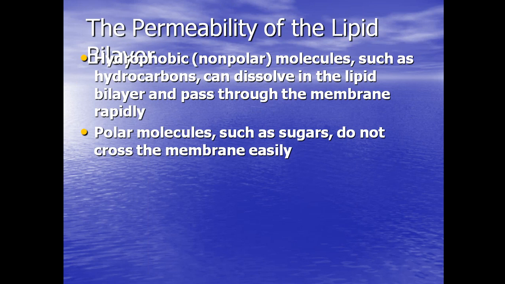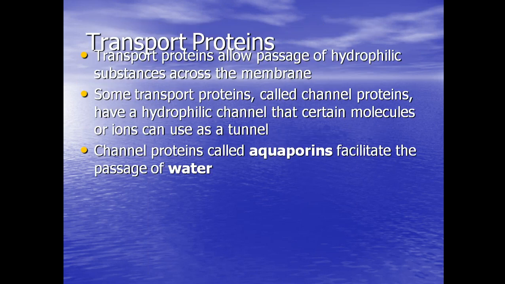Water and gases can pass easily. Non-polar molecules, like hydrocarbons, can pass easily because they can dissolve in the lipid bilayer and pass through the membrane. But the polar molecules such as sugar and other things do not cross the membrane very easily.